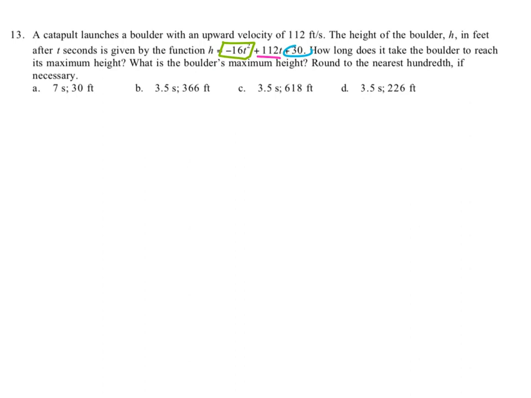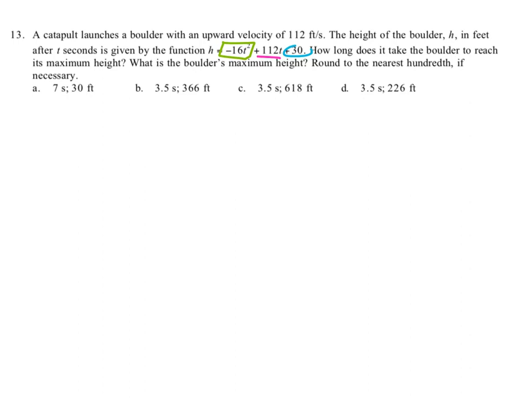Okay, so you can take all these factors that you know, the fact that things fall on Earth at a certain rate, that's the box in green. You can take the height that it was initially thrown from, 30 feet up, that's circled in blue, and then the force with which it was thrown, or catapulted in this case, 112 feet per second, that is underlined in pink.